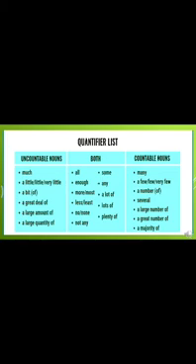Countable nouns: many, a few, very few, a number of, several, a large number of, a great number of, a majority of. Both, all, enough, more, most, less, least, no, none, not any, some, any, a lot of, lots of, plenty of.